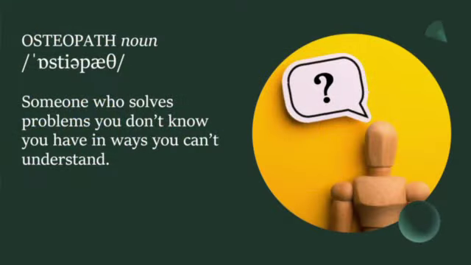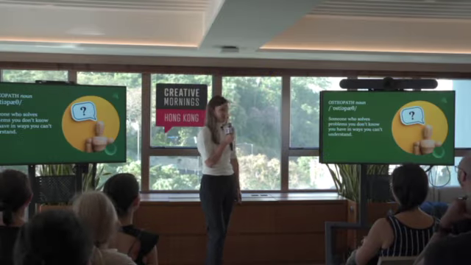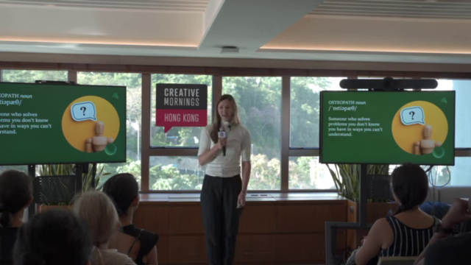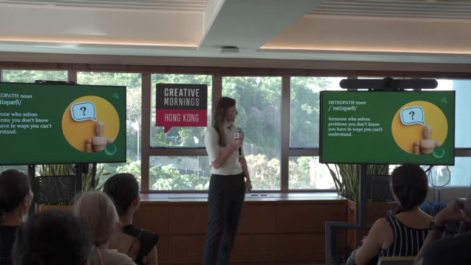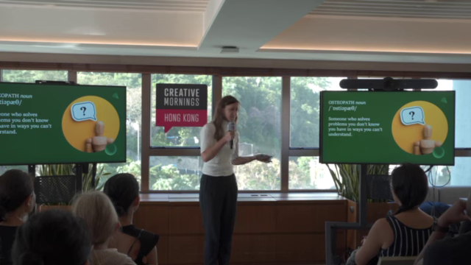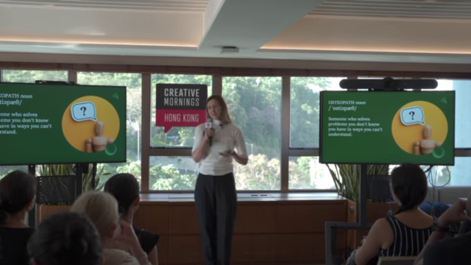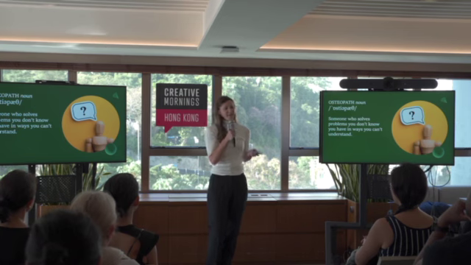Okay, so an osteopath: someone who solves problems you don't know you have in ways you can't understand. This is the definition floating around online at the moment, and it is relevant. It's fair. So osteopaths use a range of techniques, from the very subtle, and even if I go and see a fellow osteopath and I'm having a treatment, sometimes I'm like, "What are you doing there?"